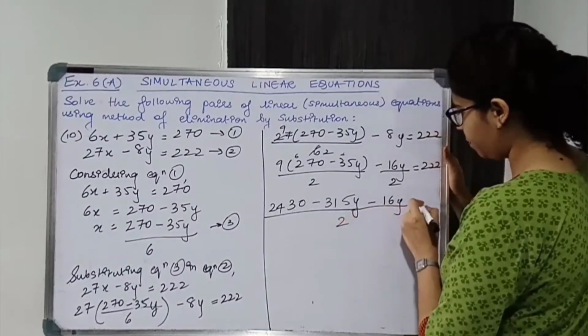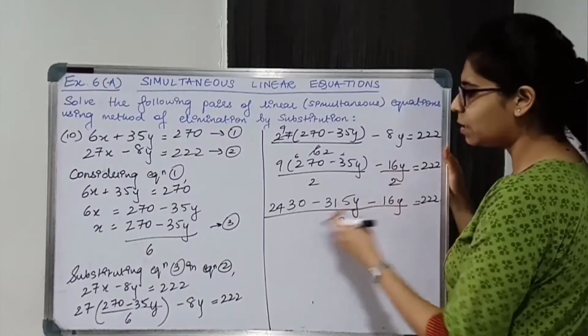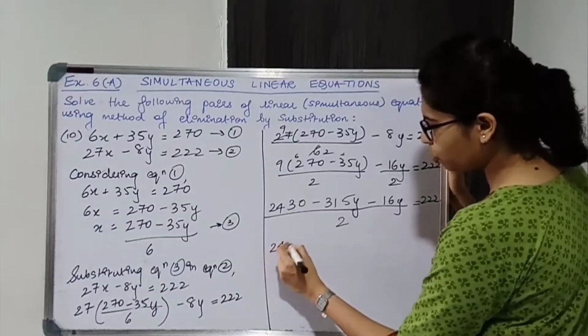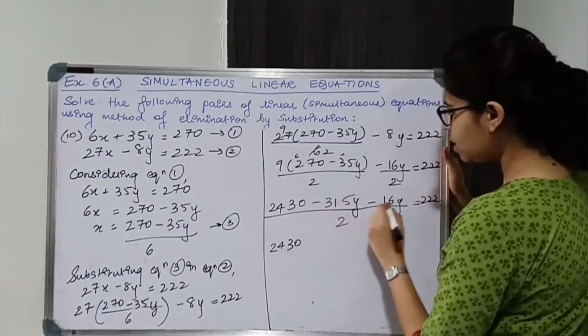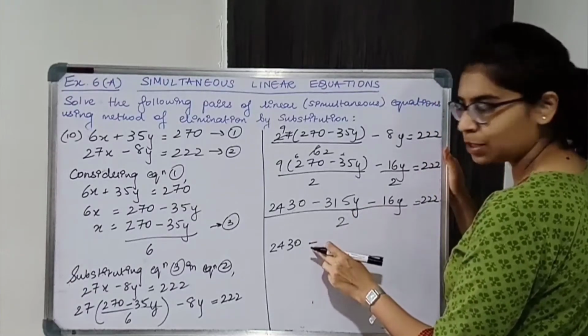This is by 2, this is by 2, this is the reason we took the LCM, so we can take 2 common. So we have 2430 minus 315 minus 16, so add both of them but the answer will be negative.